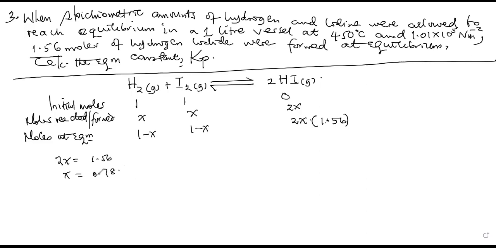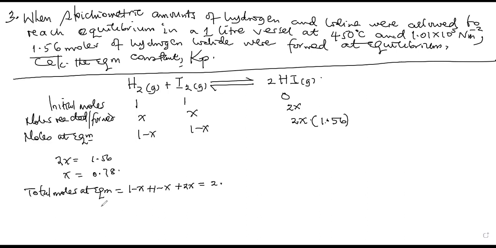Right? So after getting this, we can get total moles at equilibrium. Since we're given pressure, we need total moles at equilibrium. Total moles at equilibrium will be 1 minus x plus 1 minus x plus 2x, and that is equal to 2, because the 2x and minus 2x cancel.